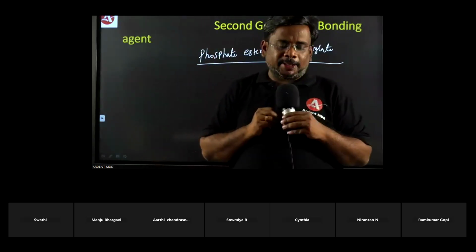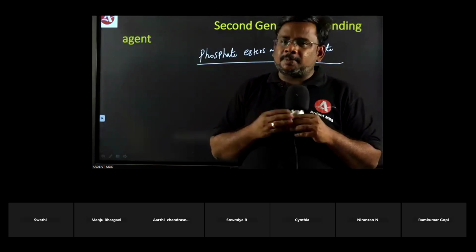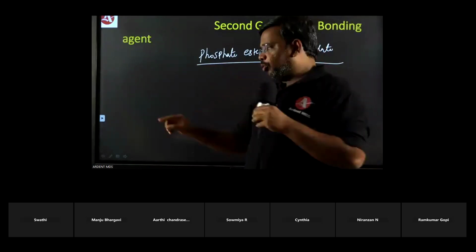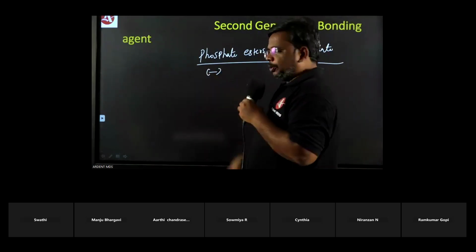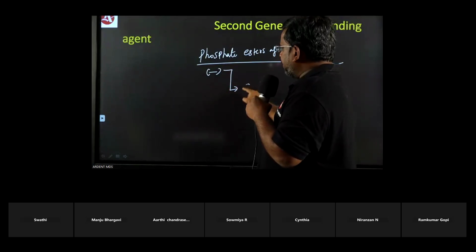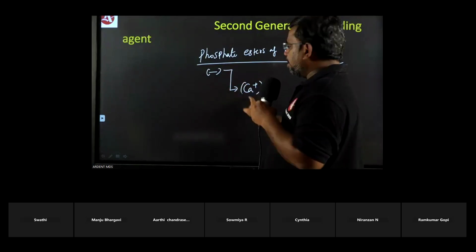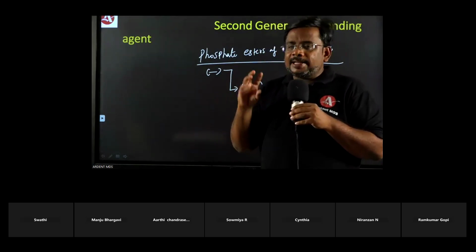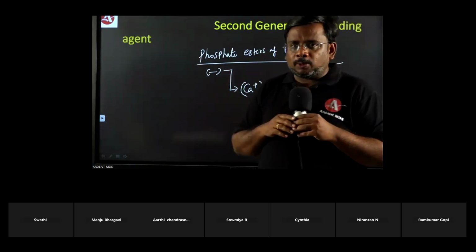So what is this phosphate? Phosphate is a negative group, and this negative group of phosphate binds to the calcium of the smear layer. This is how the second generation bonding agent works.